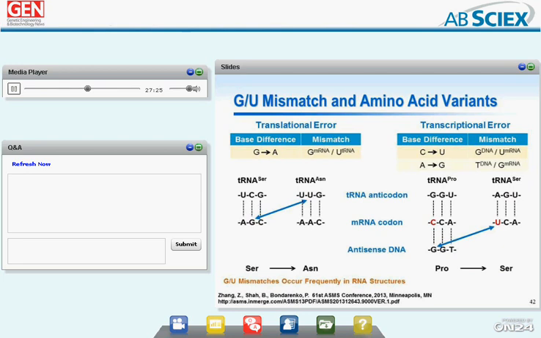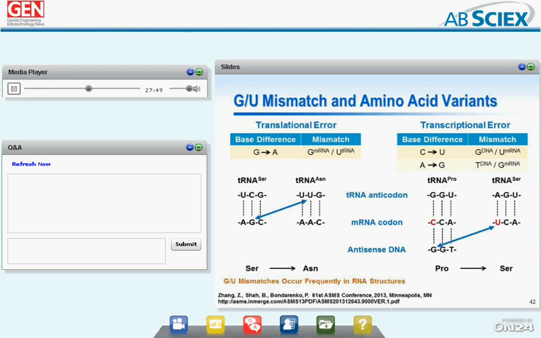So looking at the left side of the picture, a translational error is where the mRNA would show a G, but when the tRNA comes in to bind, instead of correctly using the C to G base pairing, it does that GU mismatch. And so the improper tRNA then puts the improper amino acid into your protein sequence instead of the correctly encoded serine.